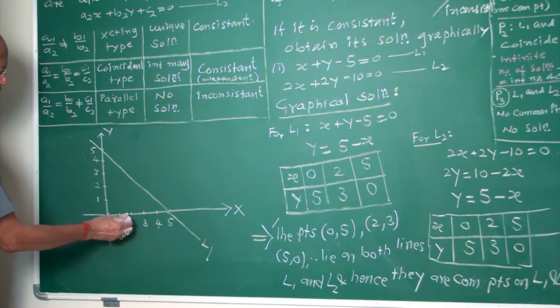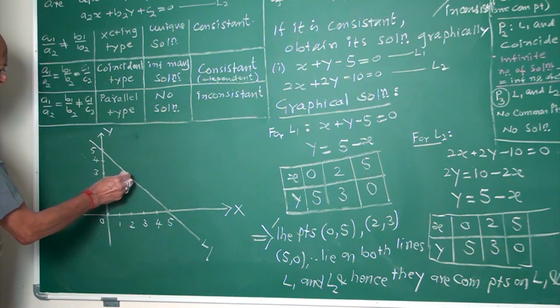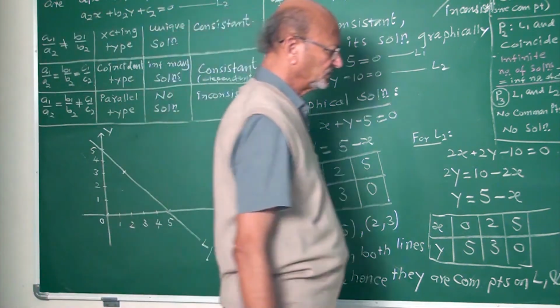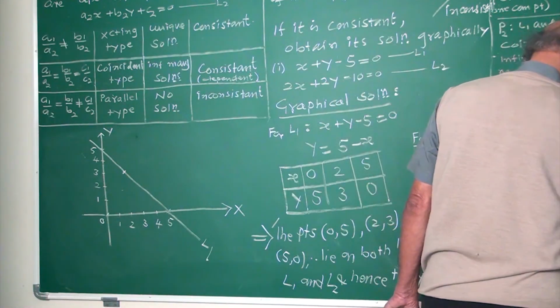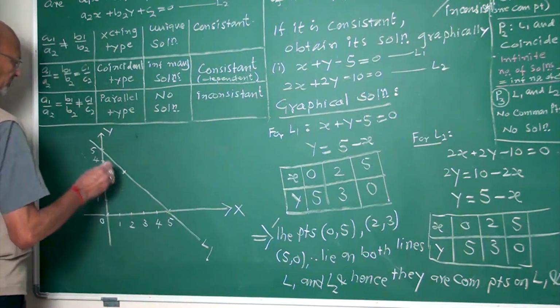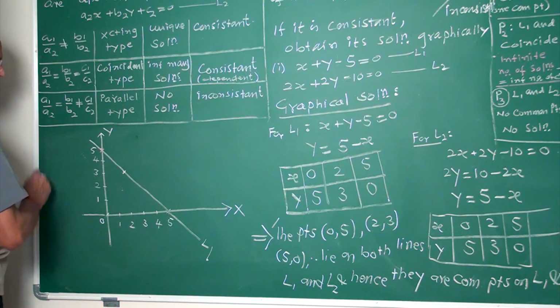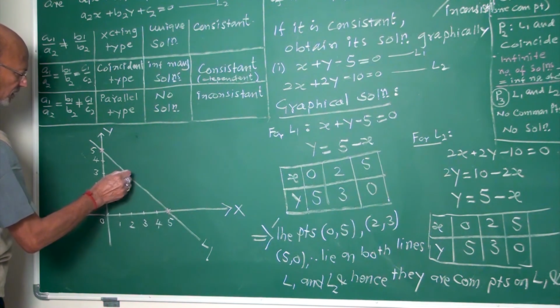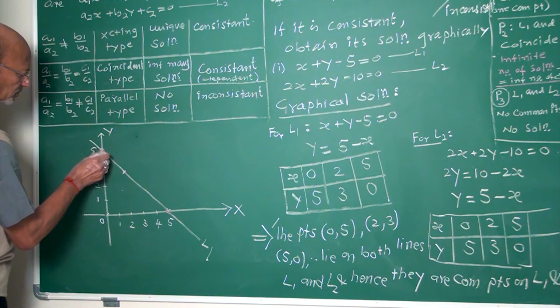In between, this is 2, this is 3. On the same line, you can mark. This is L1. Same for L2 also.